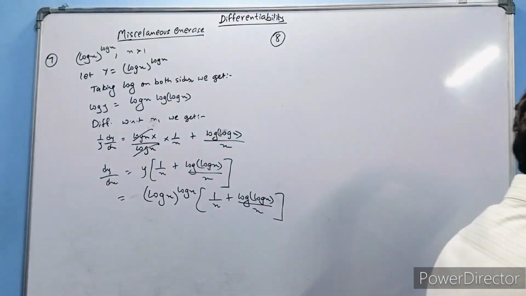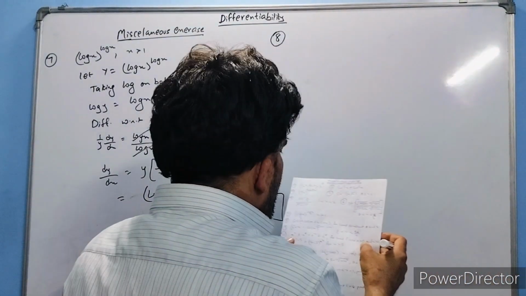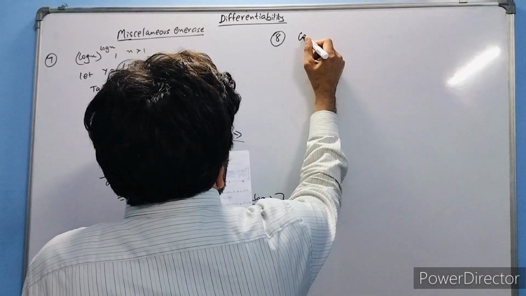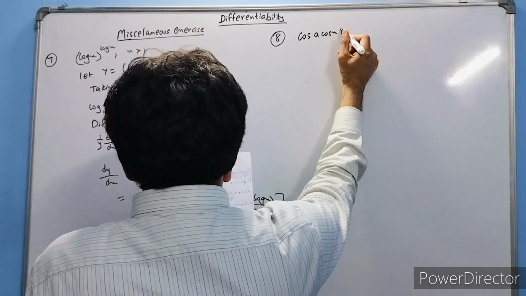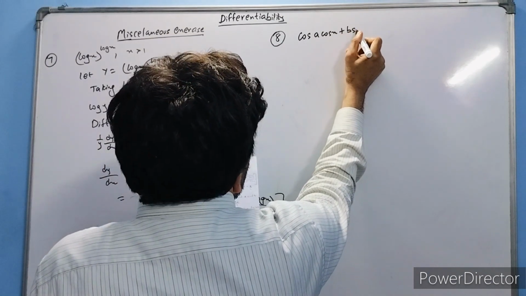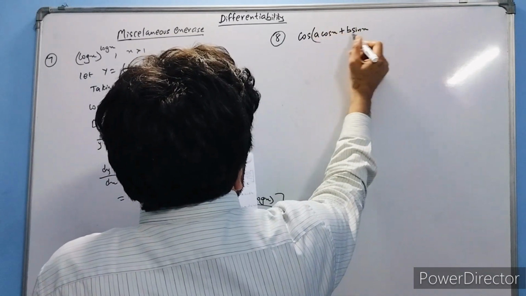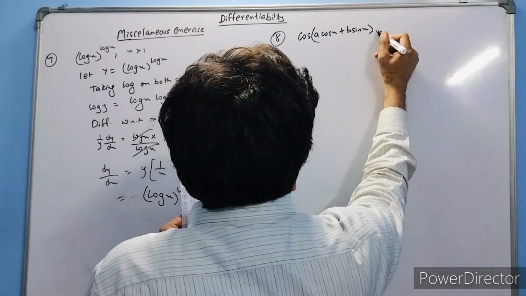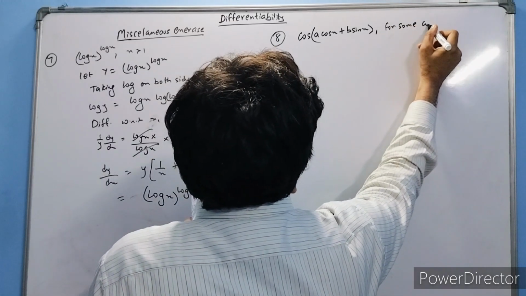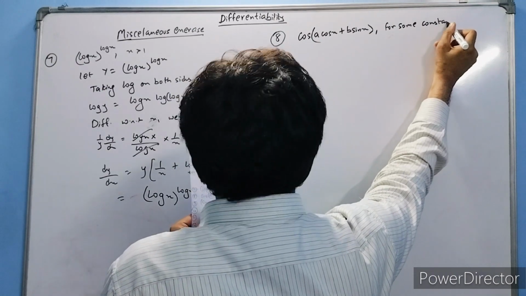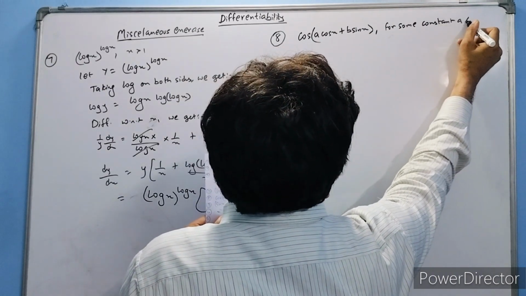We have 8 questions here. What the question says is cos of a cos x plus b sin x, for some constants a and b.